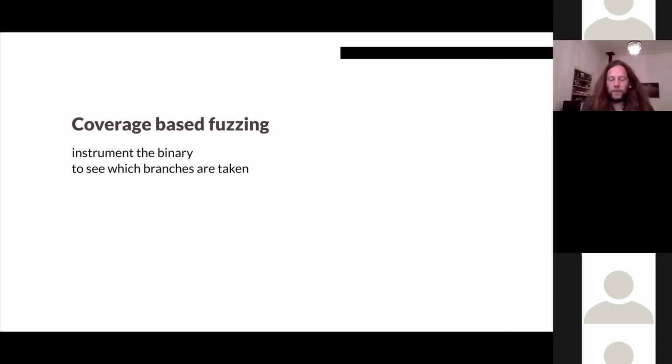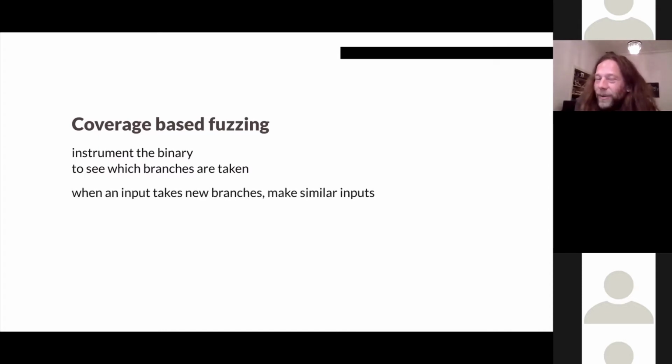where you compile your binary so that the fuzzer can look into it and see which branches are being taken, and then it can try and make sure it's following all the branches.